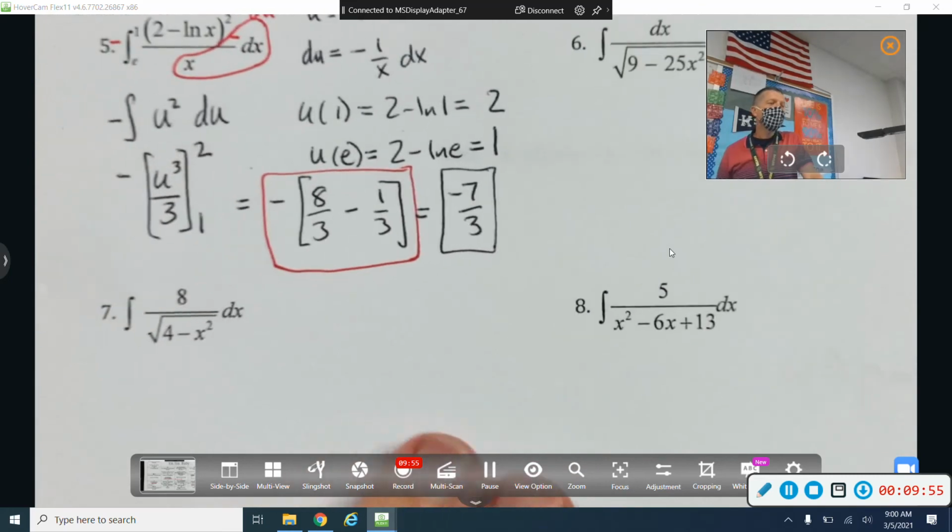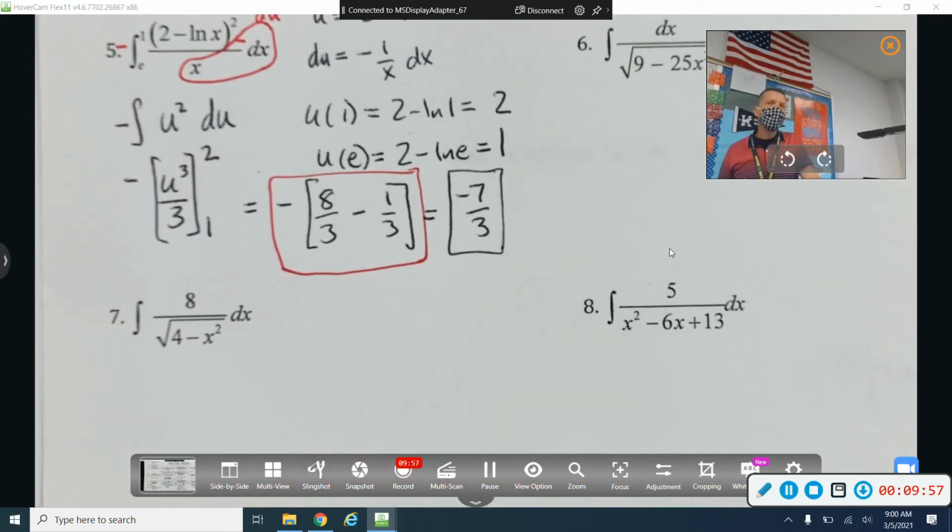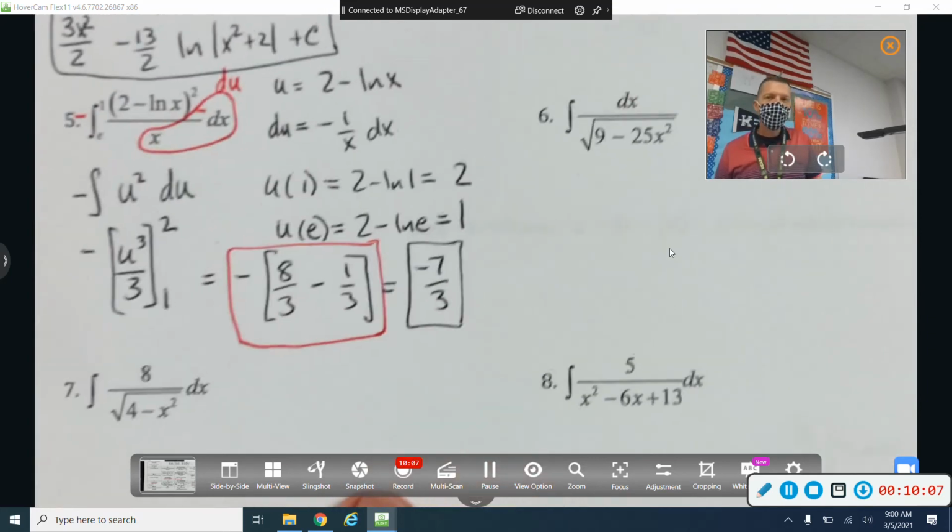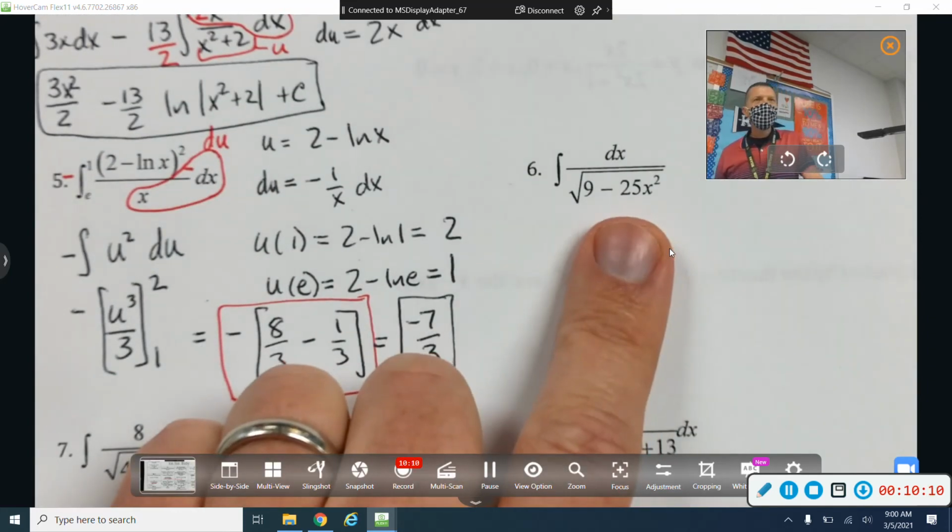For 7, I just move the 8 out front, and then you'd be ready to answer it. For 6, you'd have to do a u du fix with the 5, something with a 5.